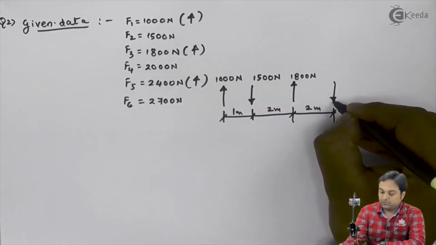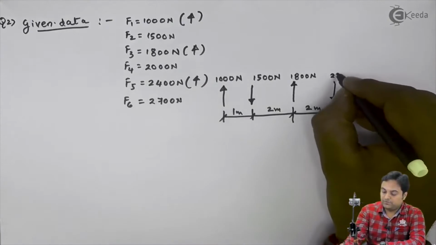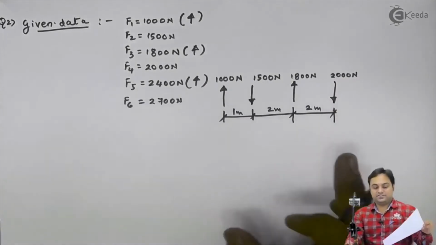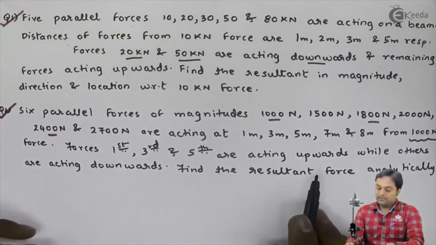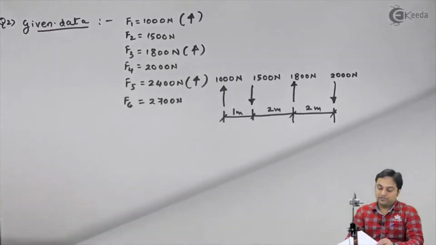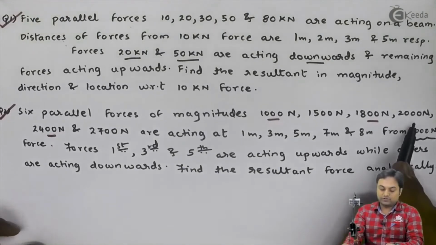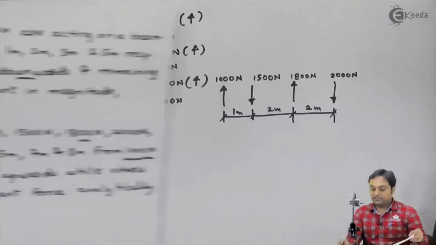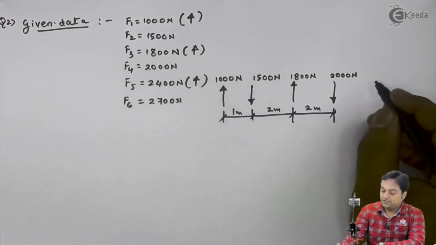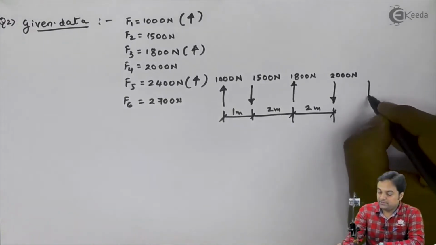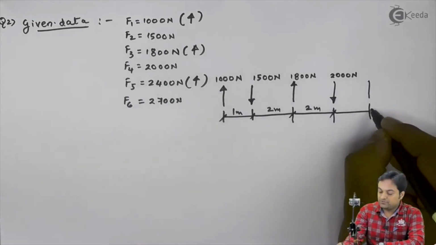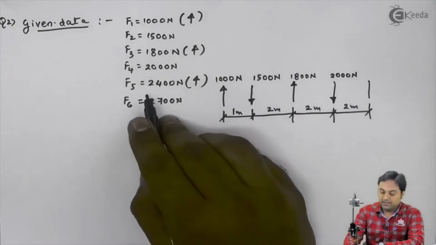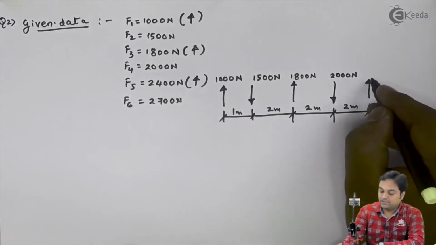This will be acting downward because it is mentioned in the question. 5 meter distance has been covered. Now we have located up to 2000 Newton. Distance between 2000 Newton and 2400 Newton, that is 7 meters. So already 5 meters are there. You can take another 2 meter, that will give you 7 meters from 1000 Newton force. That becomes 7 meter and it is 2400 Newton acting upward.